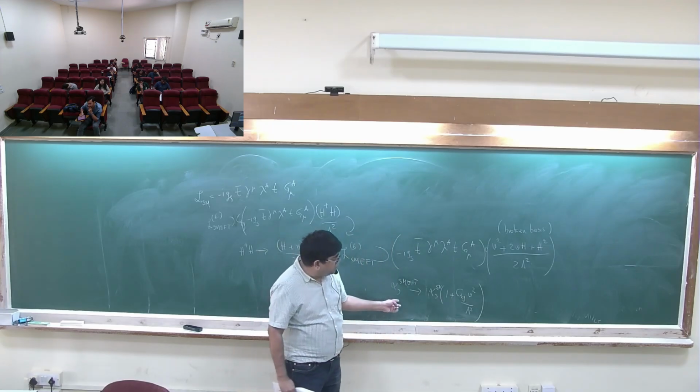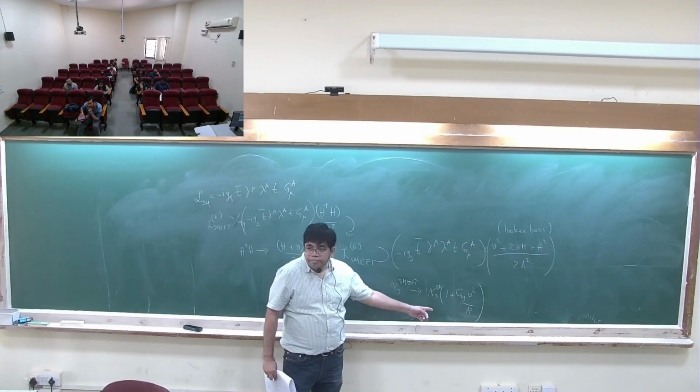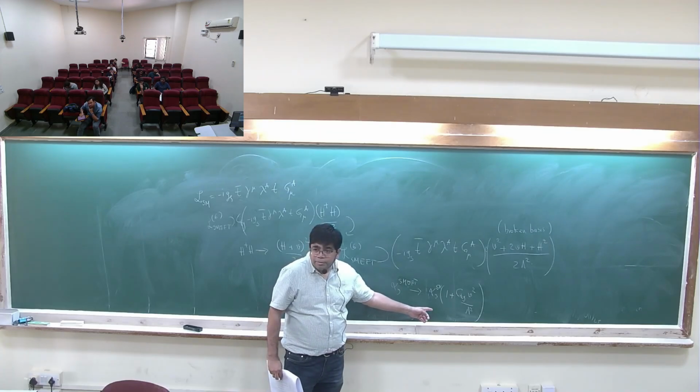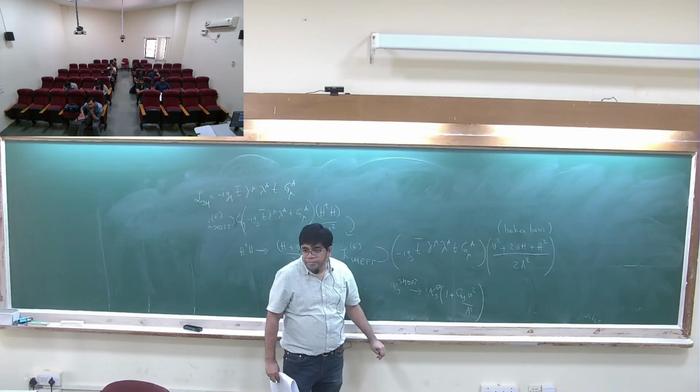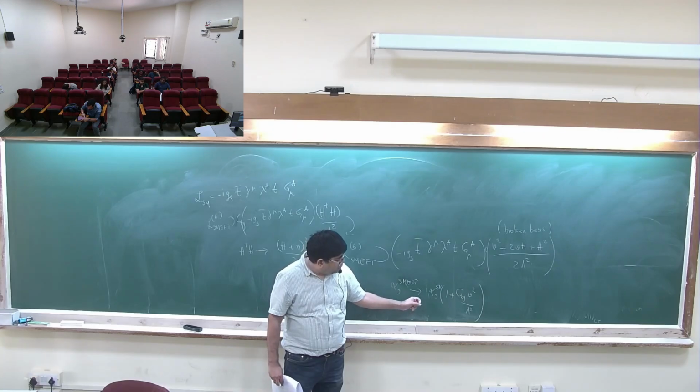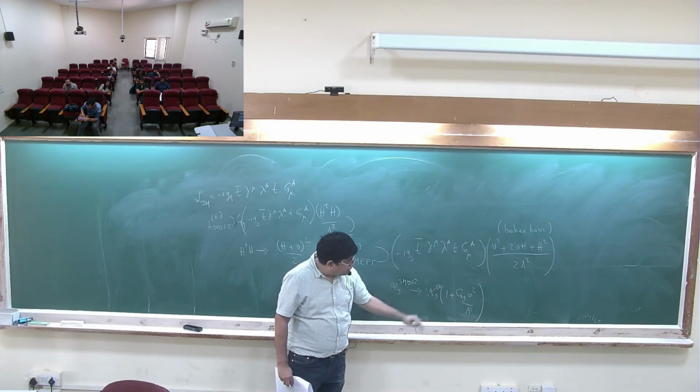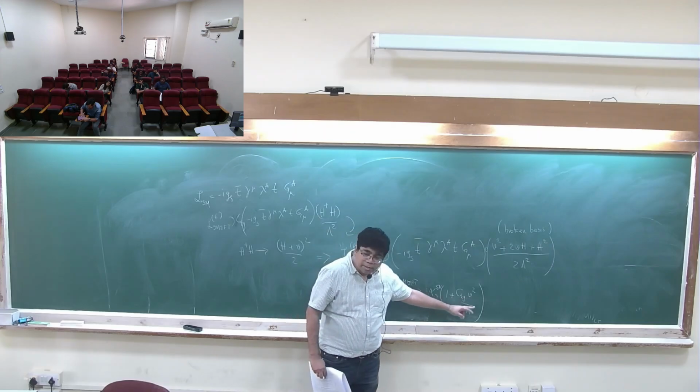So in SMEFT, the first thing you see is that in the broken basis, you have corrections to all the couplings. You can write it for all the couplings essentially. Every correction, all the couplings will get corrected by some v square by lambda square term.